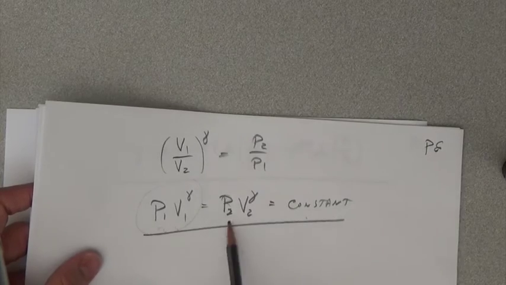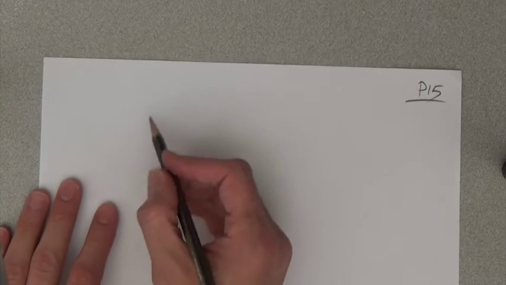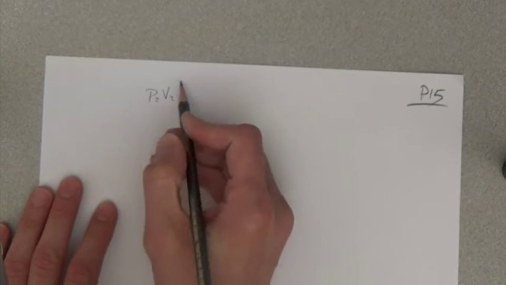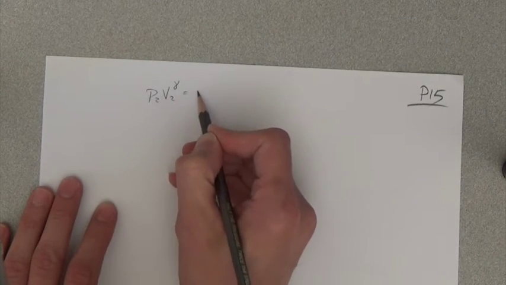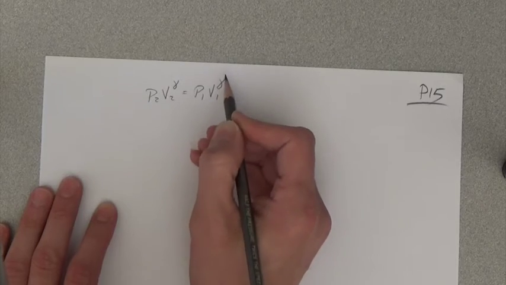So these two are equal to each other. So P2 V2 to the gamma is equal to P1 V1 to the gamma.